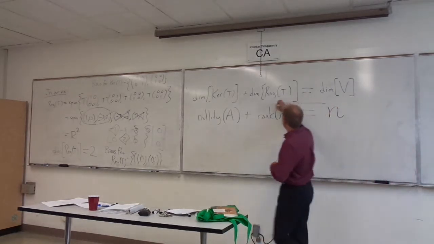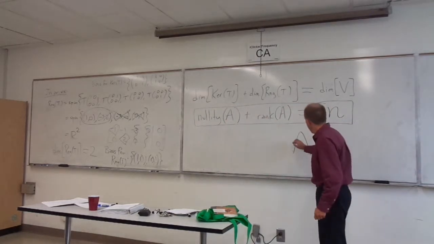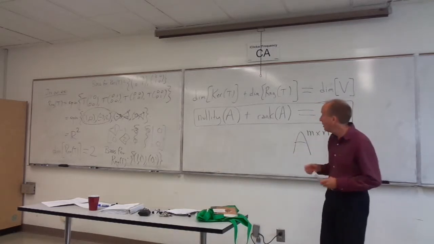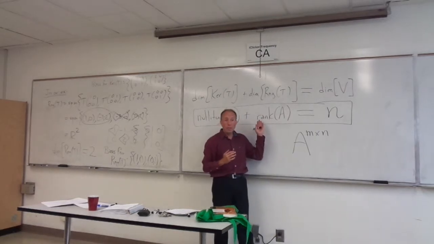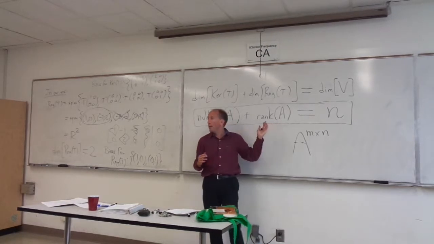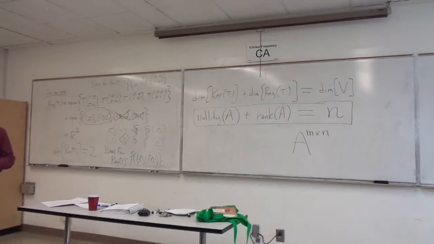This one is for an M by N matrix. So if you have an M by N matrix, of course we learned how to find the basis for the null space and a basis for the column space, right? And basically they add up to M. They add up to M.